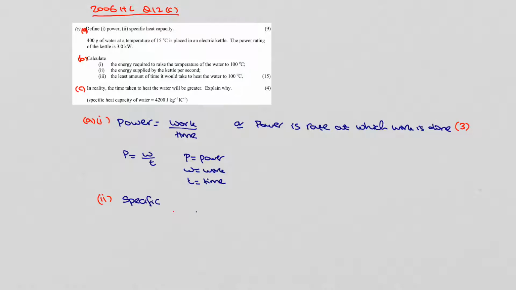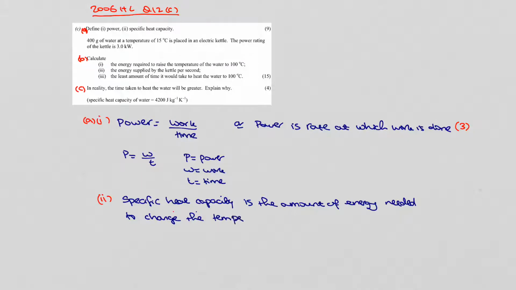Well, we say specific heat capacity is the energy needed to change the temperature of 1 kilogram of a substance.